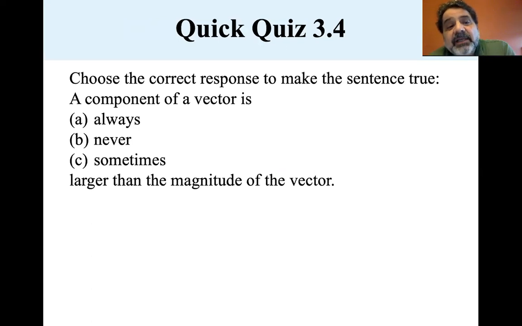The question is, a component of a vector is never larger, and that's the key. I missed that. I almost led you astray. It is never larger than the magnitude of the vector. Is it sometimes larger? No. At the most it can be equal. So the answer here is never. It's never larger than the magnitude. It can be equal to the magnitude, but never larger.